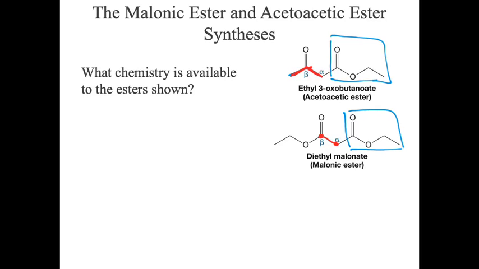If the carbon's already there, how am I adding it? What we're doing is using this to make that carbon a nucleophile. I now get a carbon nucleophile that can attack another structure. So I have a structure with a halide on it, and I want 2 more carbons.